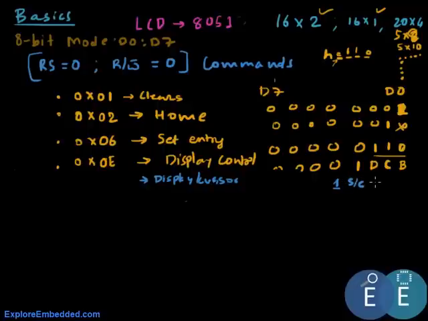So, as you could guess, if it is 1 it shifts the display, and if it is 0 it shifts only the cursor. Now the next bit is right or left, as you could guess. So if this is 1, it shifts towards right. If it is 0, it shifts towards left, and these two bits are don't care.